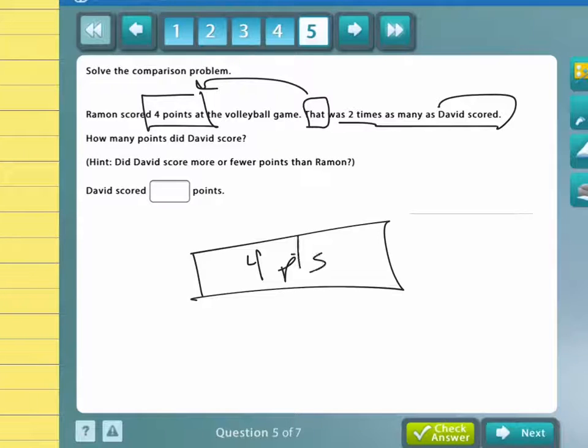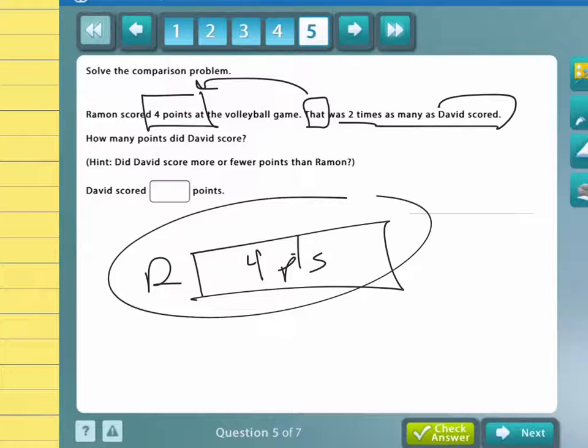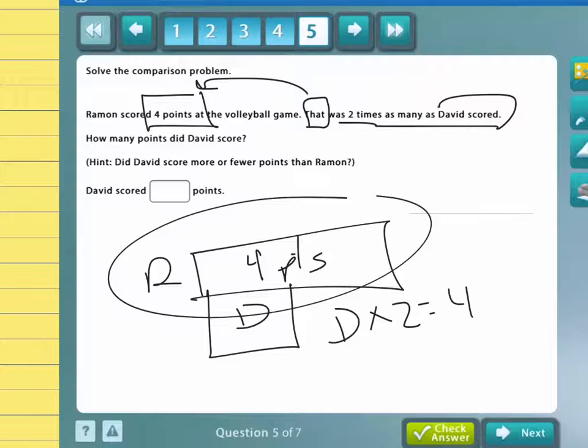He's got 4 points. This number here is 2 times David, so David has to be half of Ramon. So what is half of 4? Or you can say some number D times 2 will equal 4, or D divided by 2, D should be 2. So David should have scored 2 points.